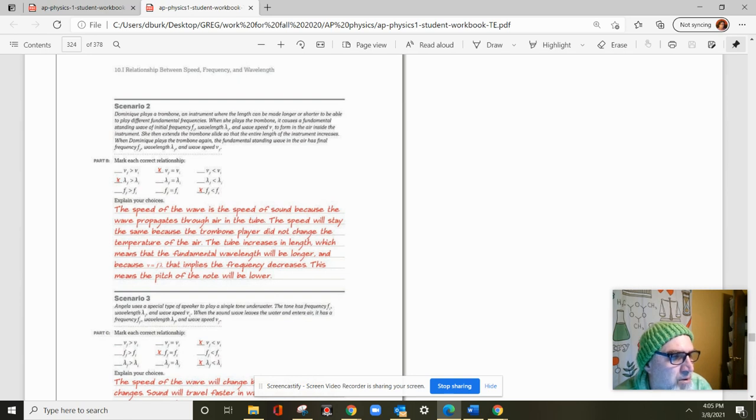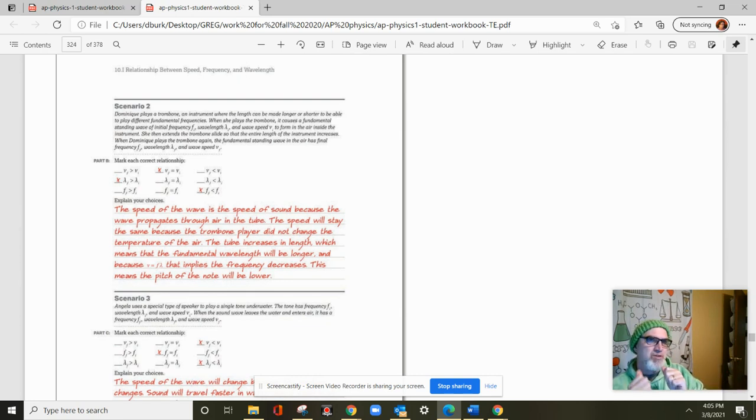When she plays the trombone, it causes a fundamental standing wave of initial frequency f, and then she makes the trombone longer. So what's happening is the speed is the same because it's the speed of sound in air. The sound is traveling through air. We're not changing the air. We're changing the length of the trombone.